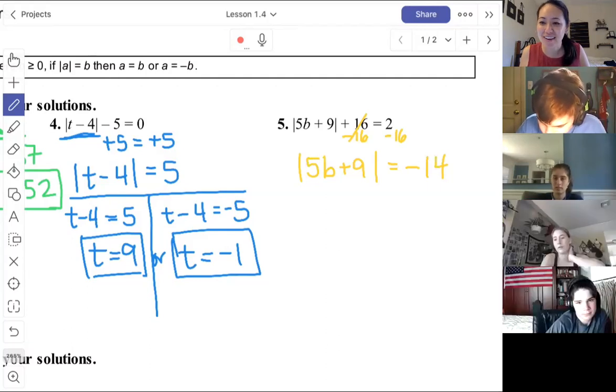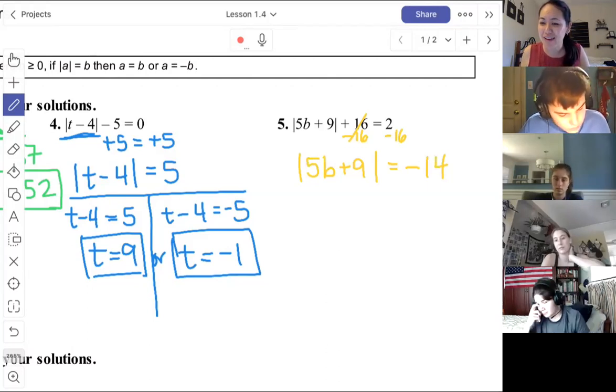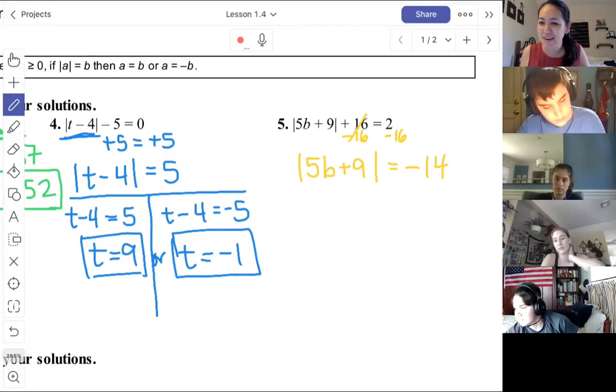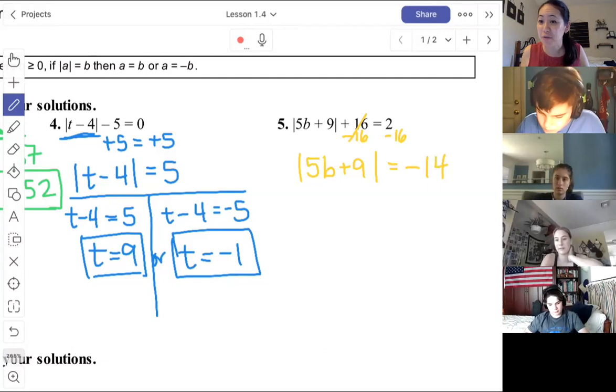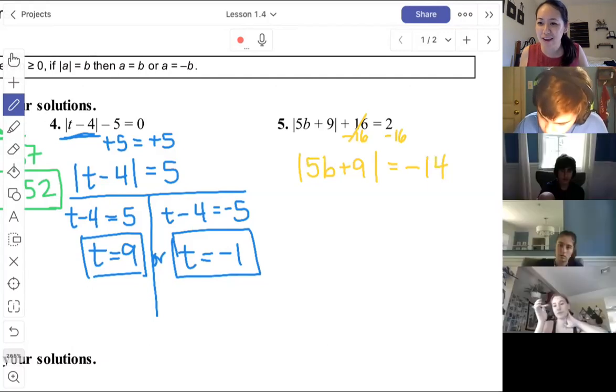Wouldn't it be 1? Because if you plug in 1, what do you get on the left-hand side? Oh, 14. Okay, is 14 equal to negative 14? No. So not quite. No number would work.